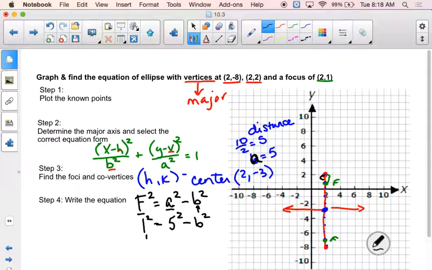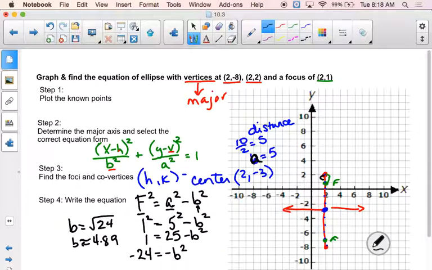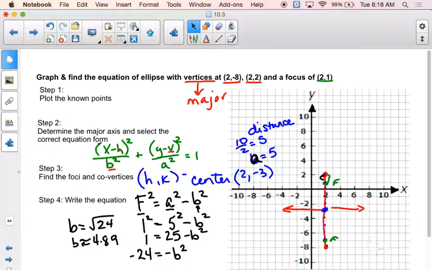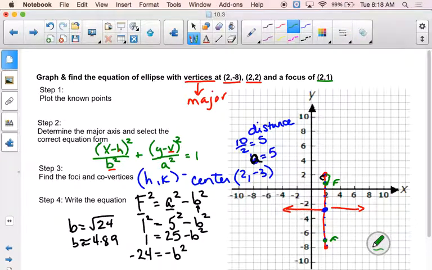All right, so 1 is equal to 25 minus b squared. So negative 24 is equal to negative b squared. So that makes b equal to the square root of 24, which is approximately 4.89. Okay, well now that I know what b is, I can put it into the equation.